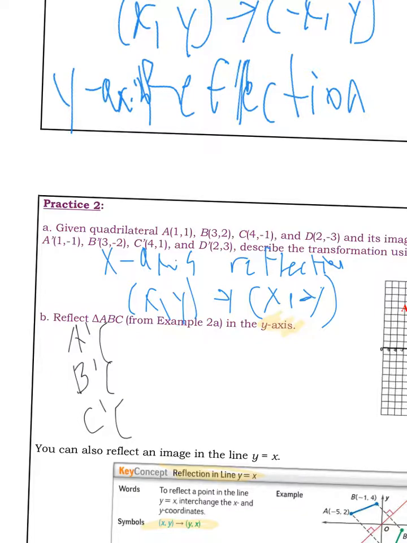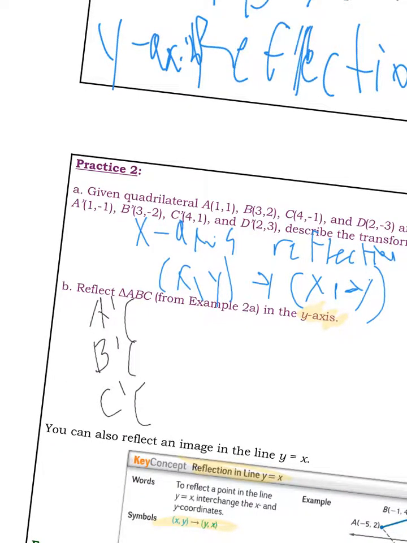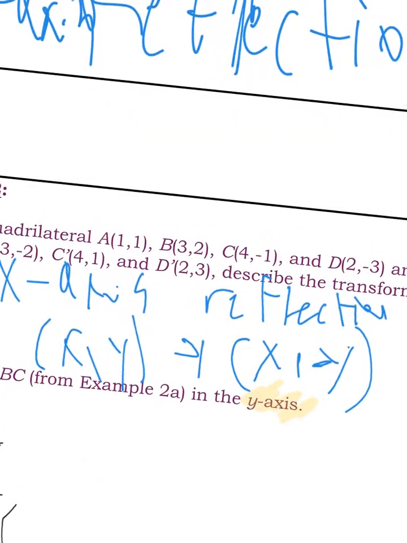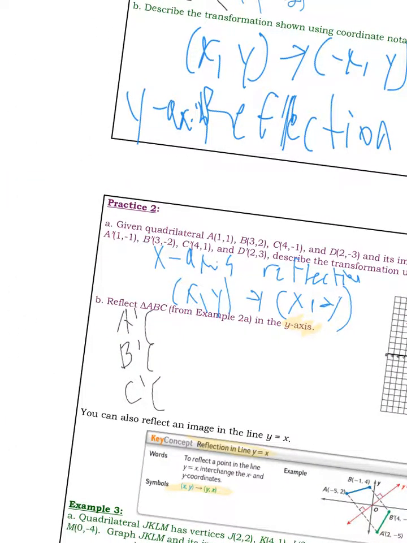Now it says reflect ABC from example 2a in the y-axis. So this was an x-axis reflection, so all the y symbols reverse. For a y-axis reflection, all the x symbols are going to reverse.